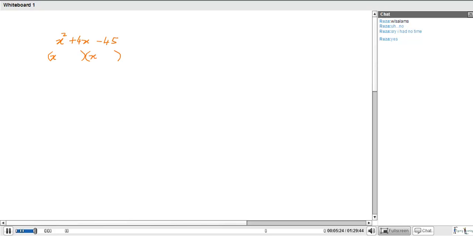So first what you're going to do is step 1. You're going to write the x here, right? And then what you're going to do next is look at this 45 and find the factors of 45.